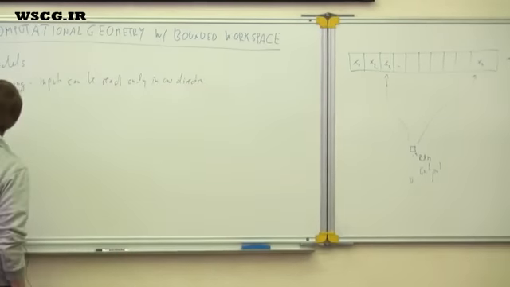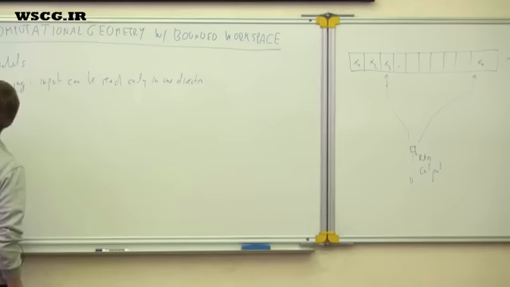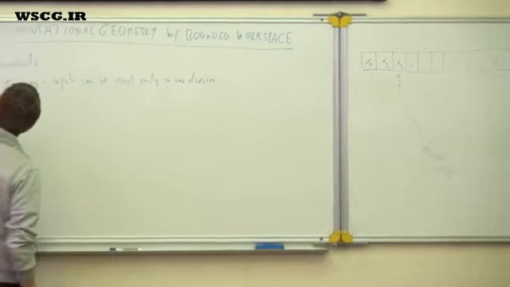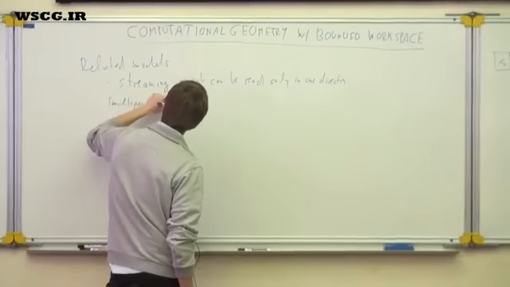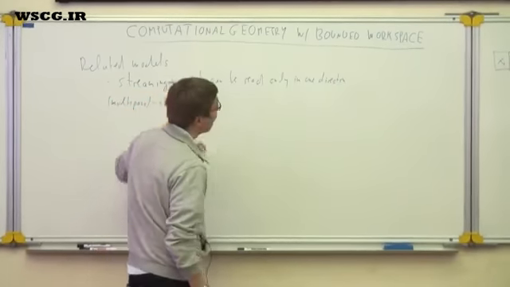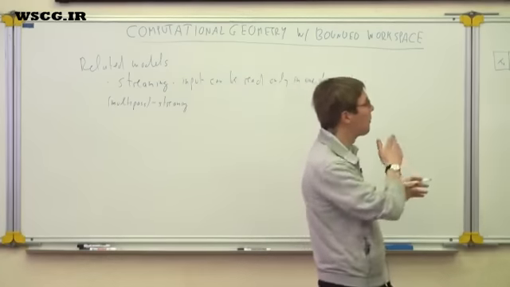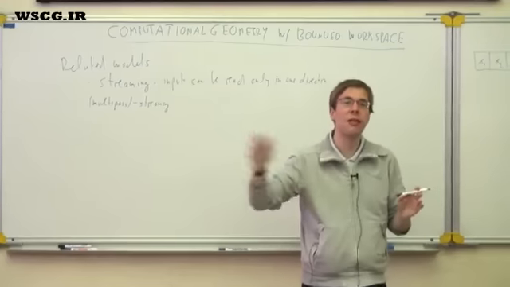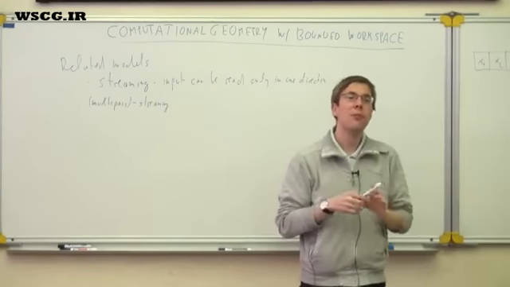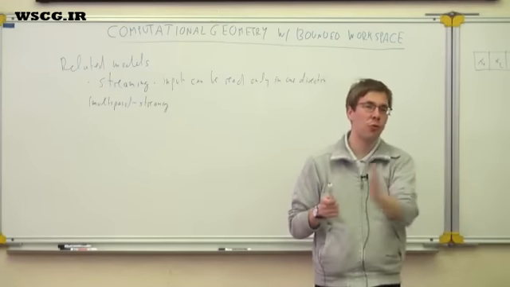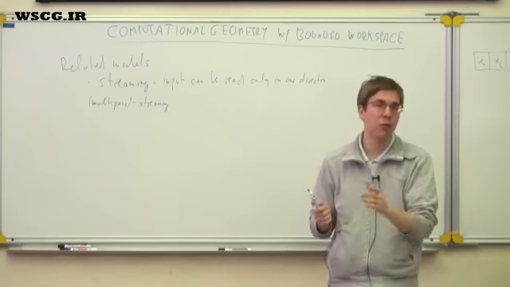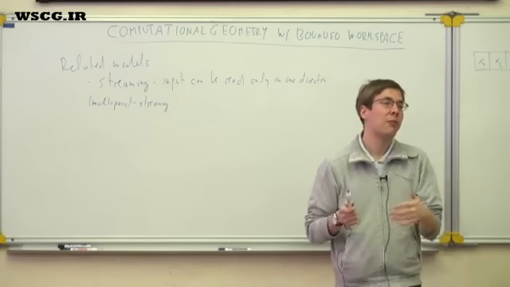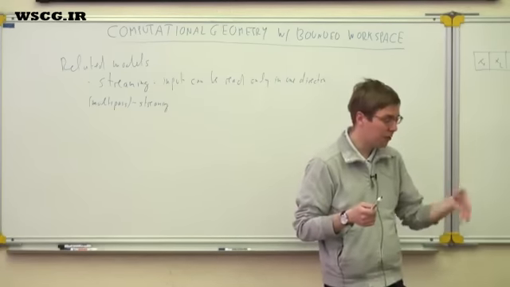A variant of streaming which is interesting for us is multipass streaming. As the name suggests, it's similar to streaming in that you just sweep over your input, but in streaming you're only allowed to go over your input once. In multipass streaming you're allowed to read the input several times, but a bounded, controlled number of times.